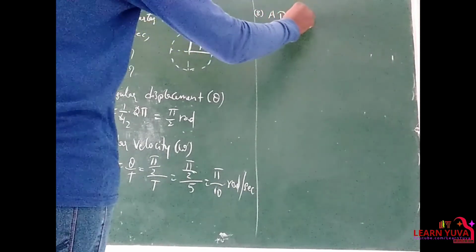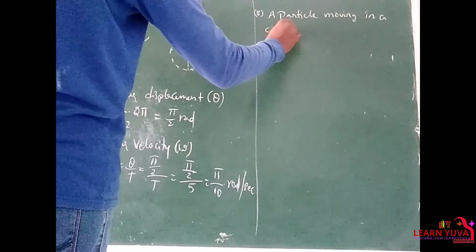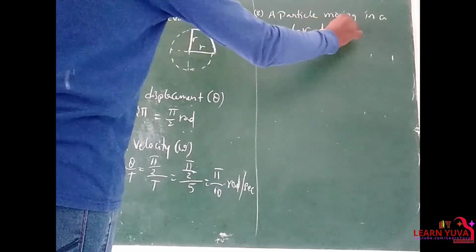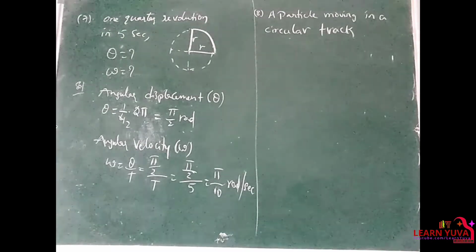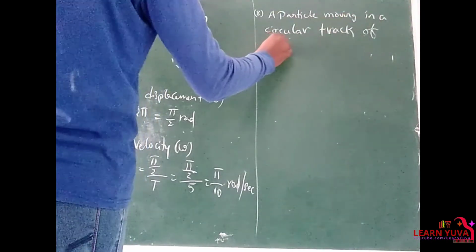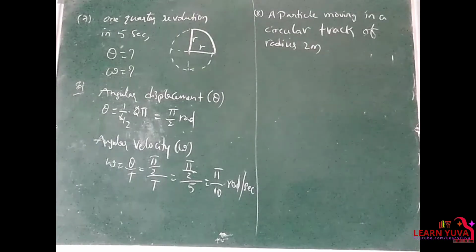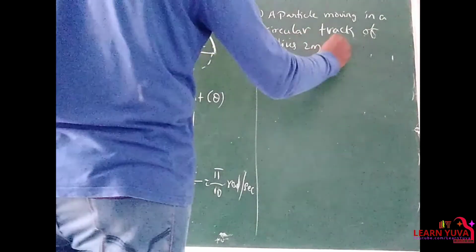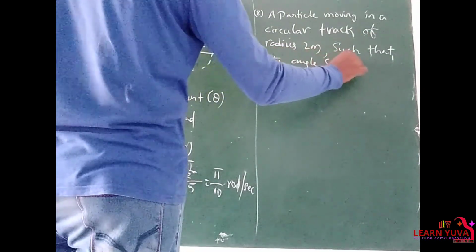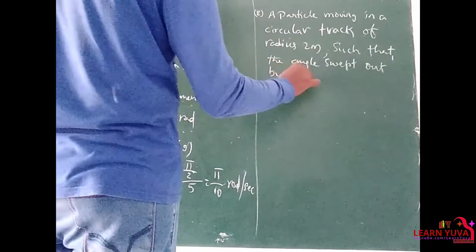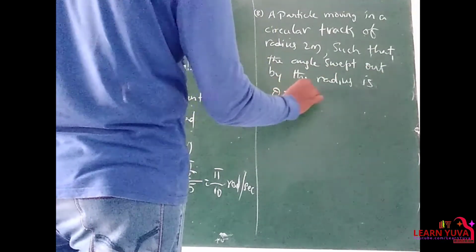A particle moving in a circular track having the radius 2 meters, right, such that the angle swept out by the radius is theta is equal to 2t square.